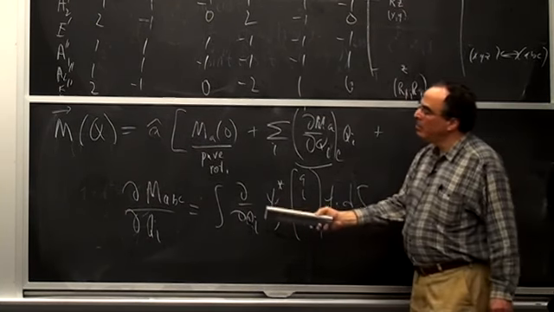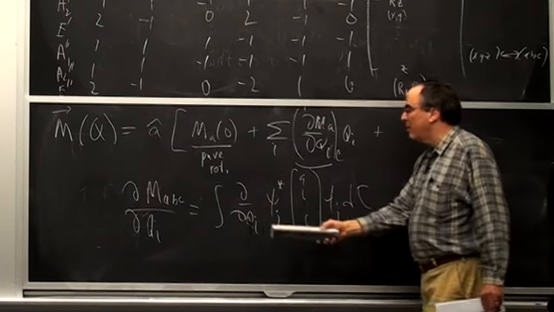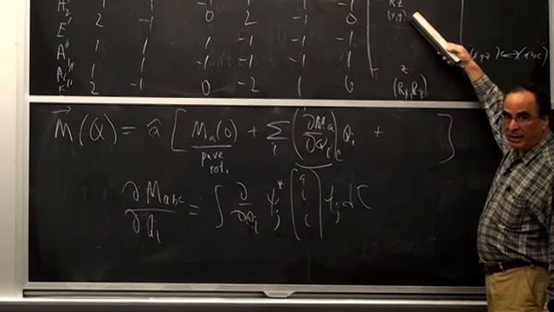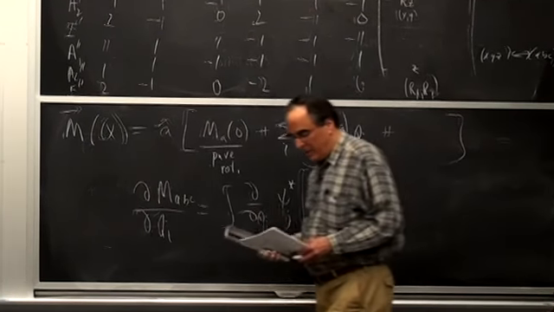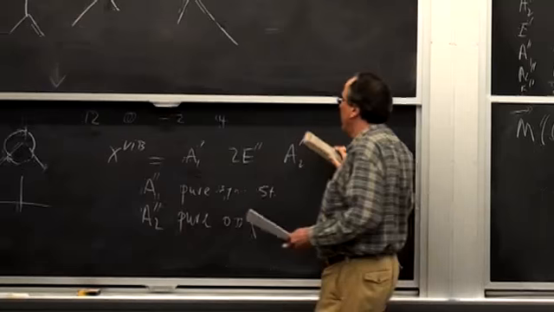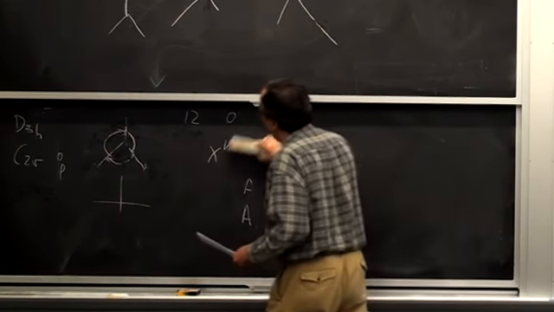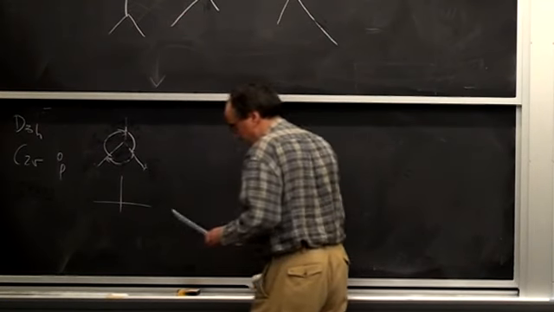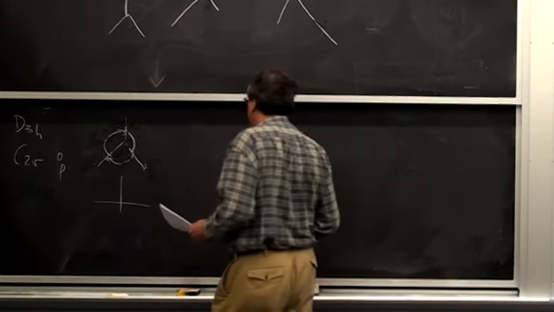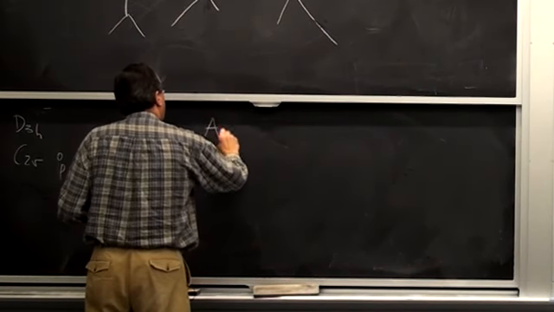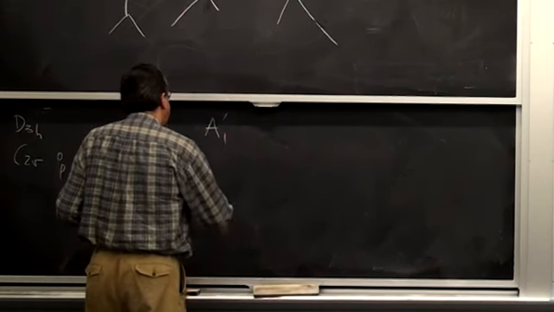The normal coordinate here has to correspond to one of these three, and that then determines what the allowed transitions are and how their rotational structure behaves. So we have three symmetries.